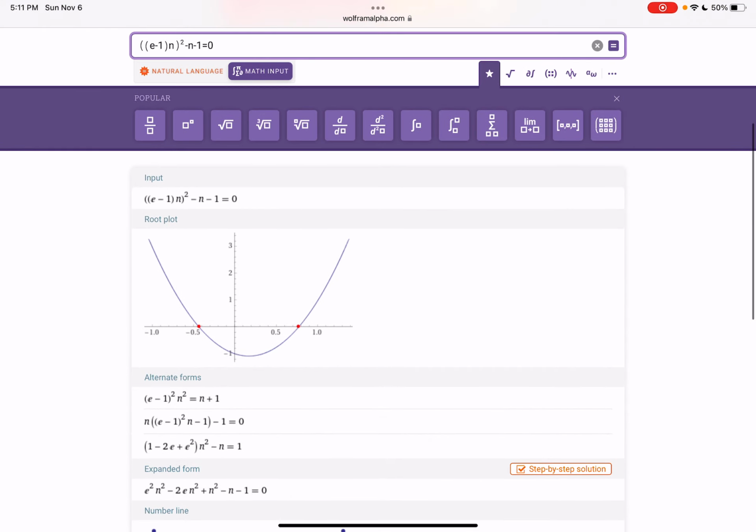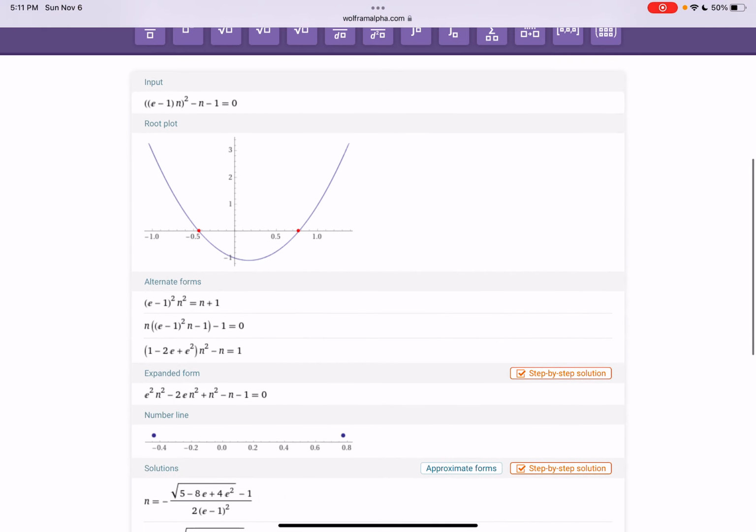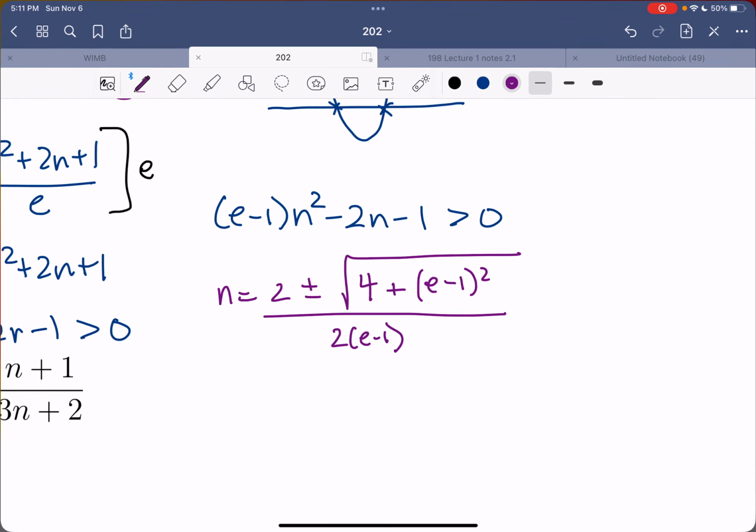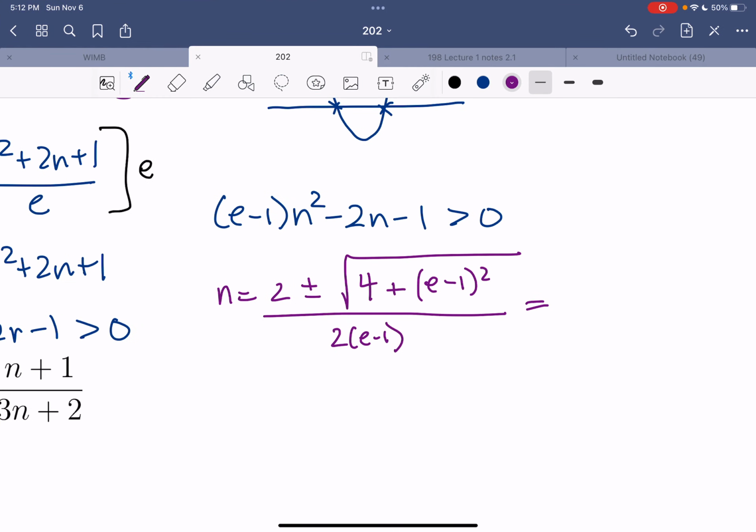Okay, now notice what's happening here. They show us a graph and they show us where those 2 points are. What you want to notice is that this is only less than 0 for values of n that are less than 1, right? So once we hit 1 and move to the right, the values of this parabola are always greater than 0.